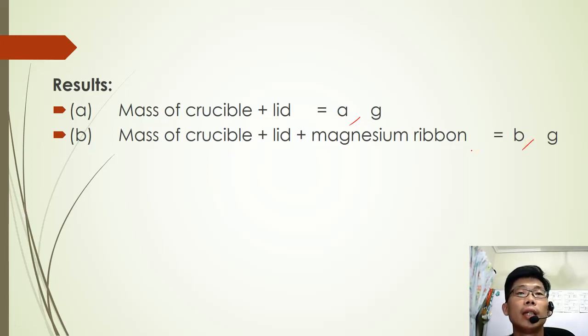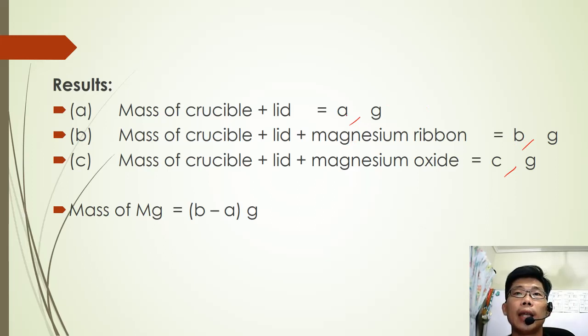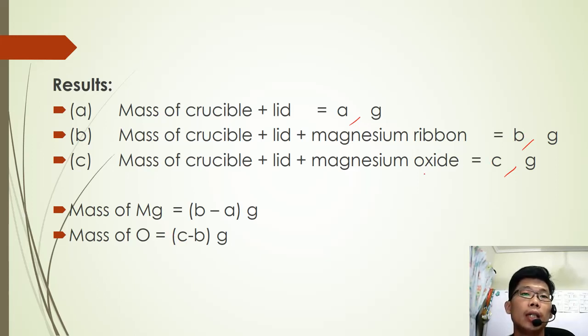So after the heating and cooling and weighing process, we get the magnesium oxide inside it, so it will be C gram. So from these three ABC mass, we can calculate the mass of the magnesium actually is the B minus A gram. Okay, and then the mass of the oxygen will be C minus the B gram.